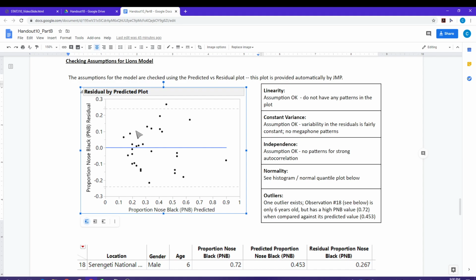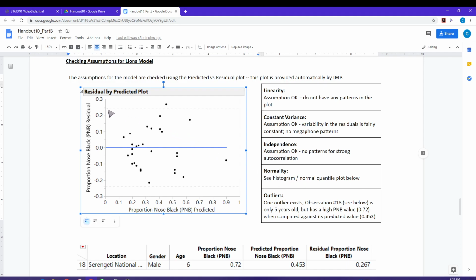I might have slightly less variability here on the left side, but it ain't too bad. So I'm going to say constant variance is okay. The independence assumption is the snake pattern or extreme bouncing back and forth. I don't have any of that, so my independence assumption is okay as well. The normality assumption, I have the histogram and normal quantile plot down below. So we'll look at that in a minute.